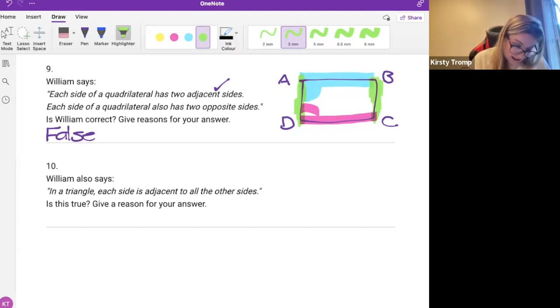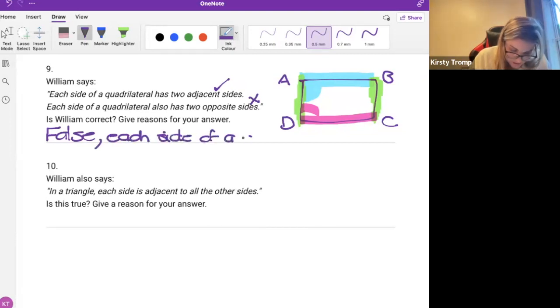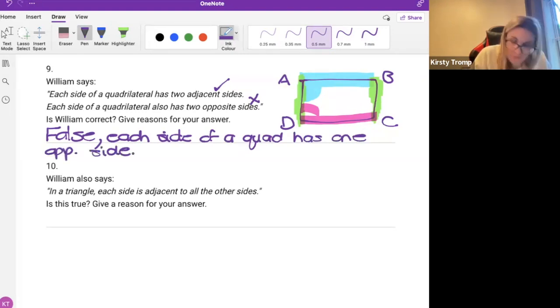The question says it has 2 opposite sides, but it only has 1 opposite side. So that one is not true. We can say false: each side of a quad has 1 opposite side. Thank you so much, Umar.